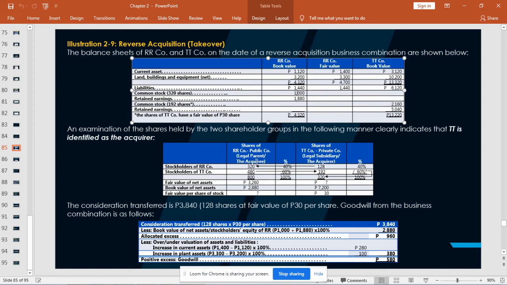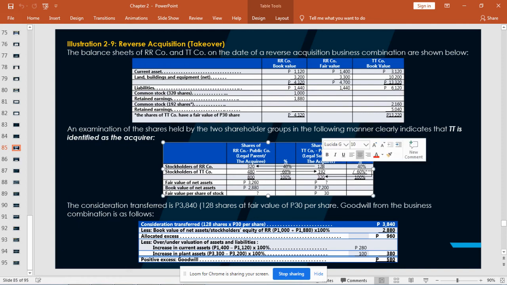Yung 320 shares ni RR Company is owned by Double T Company at 40%. Okay?